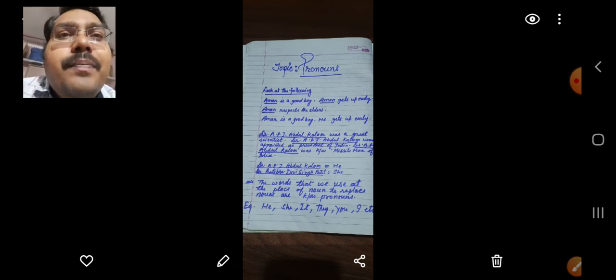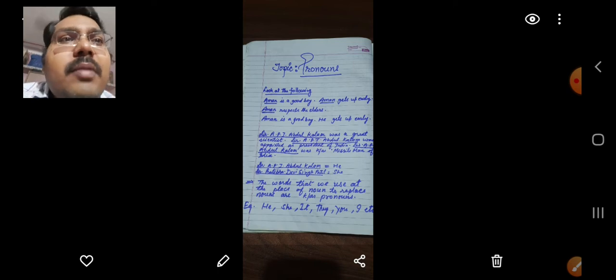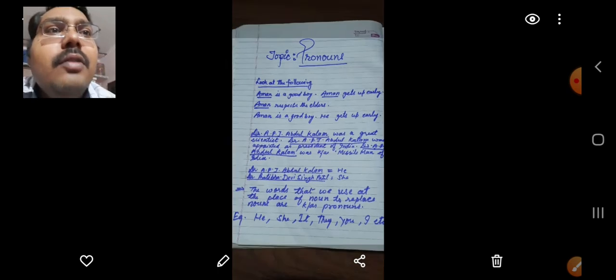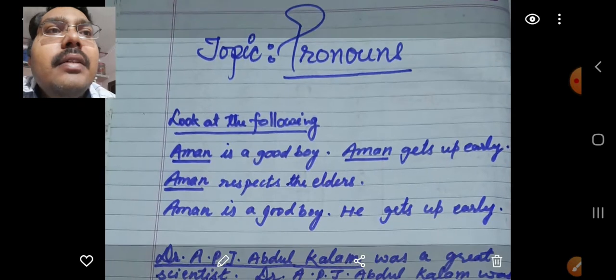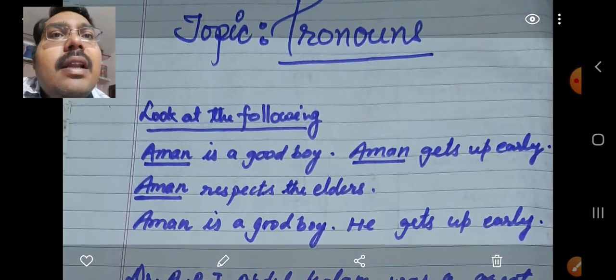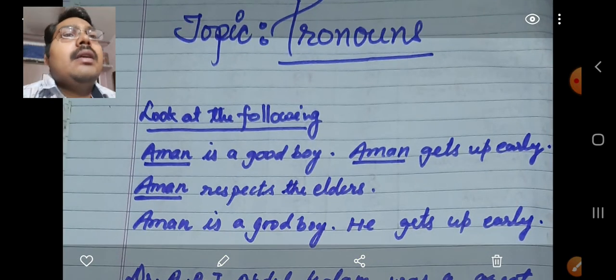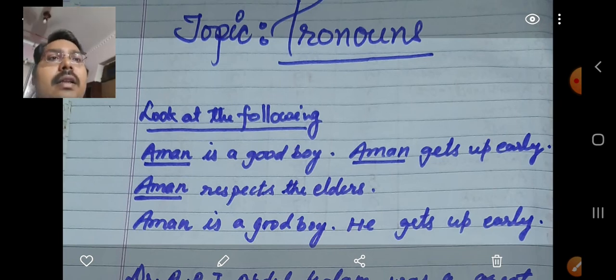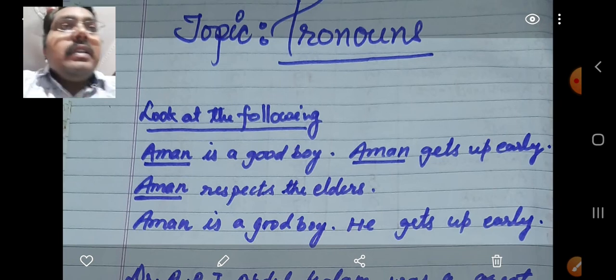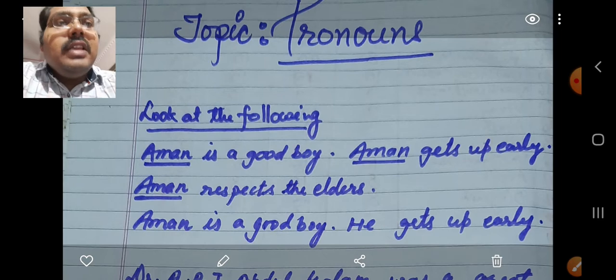Well, in the last term, we were learning about the topic pronouns, and we have read all about pronouns. I told you that pronouns are the words that are used at the place of nouns.